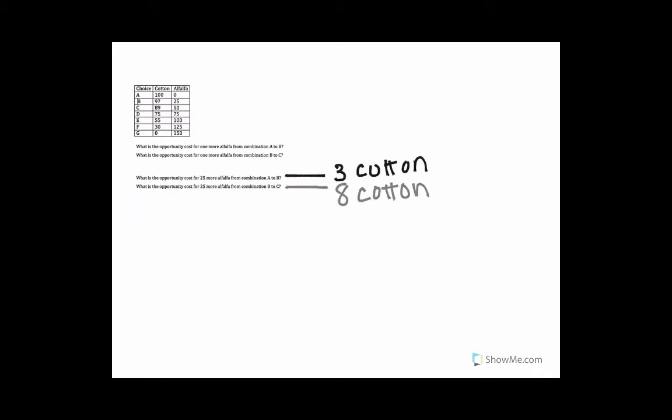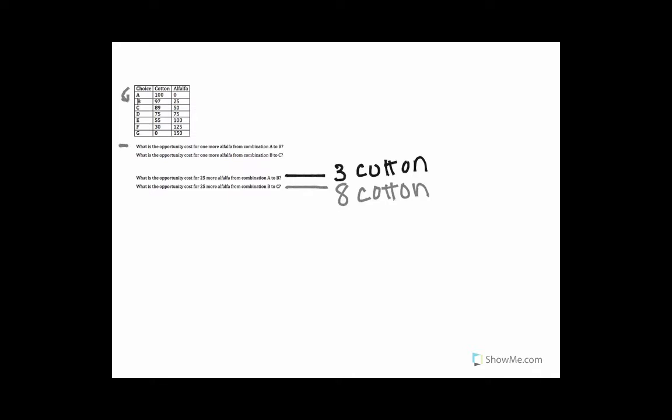Alright, so from this previous question, we were able to determine when we move from combination A to combination B, we lose 3 cotton for every 25 alfalfa. So now we're going to approach this question. What is the opportunity cost for 1 more alfalfa from combination A to B?